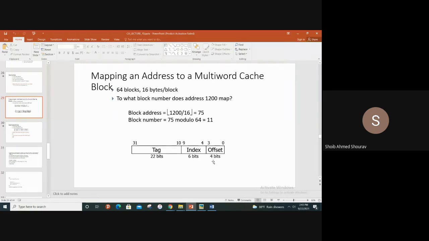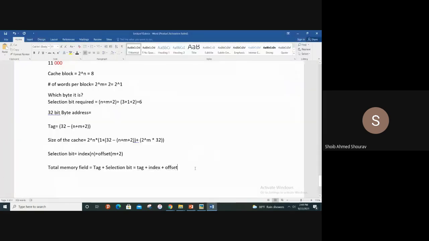The offset is always m plus 2, which is 2 plus 2, equal to 4.